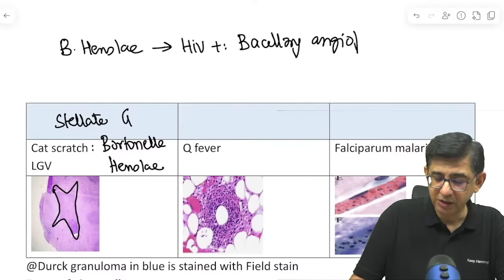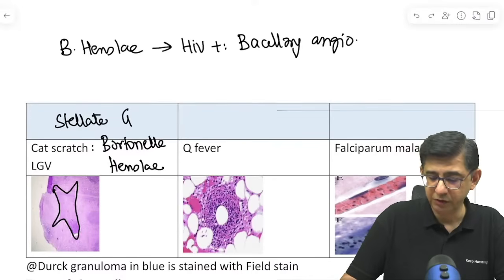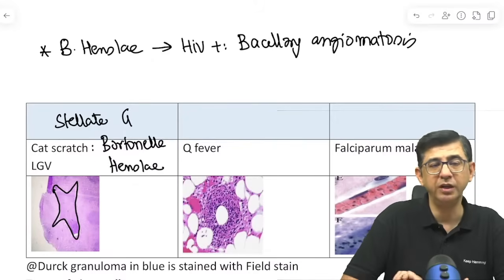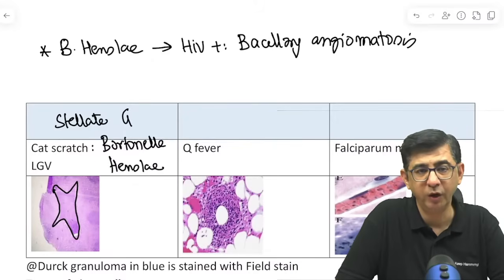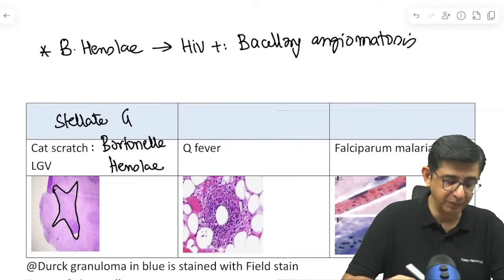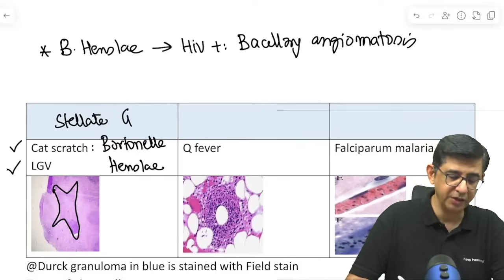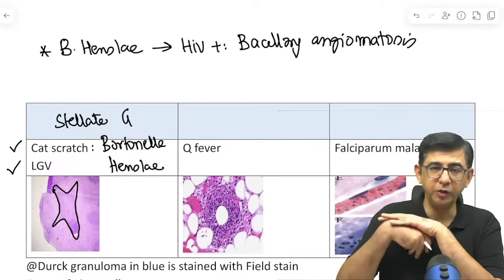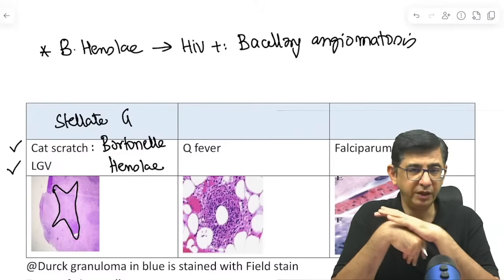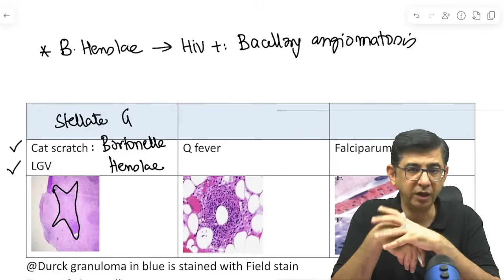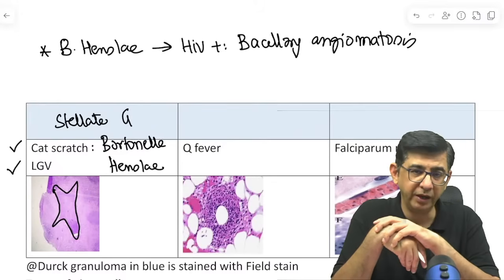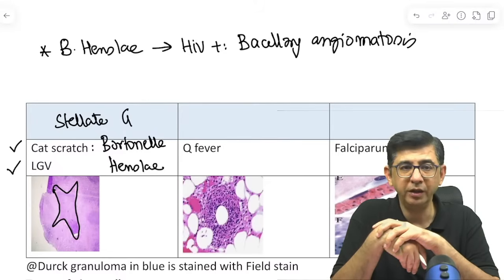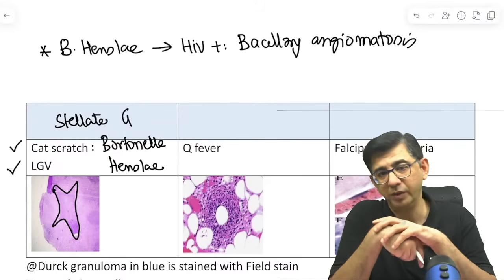So two diseases caused by Bartonella henselae are being discussed at the moment: bacillary angiomatosis, and the stellate granuloma of cat scratch disease. Then we also read about lymphogranuloma venereum with that classical groove sign, where inguinal and femoral lymph nodes are separated by the taut inguinal ligament in the middle, where again stellate granuloma can be described.